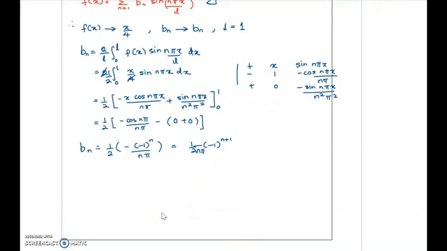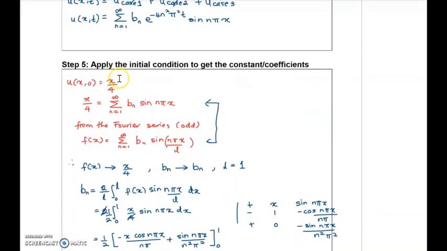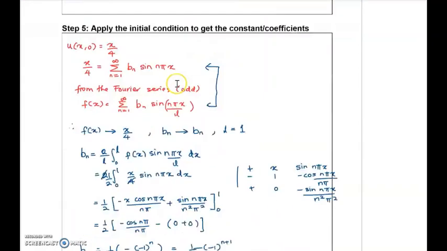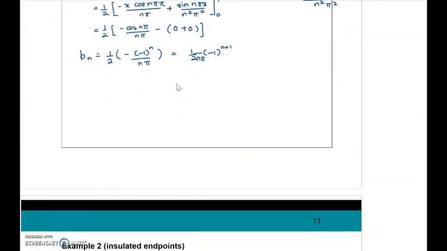So when we have our Bn, we can go back to this one here, because this is our intention, to know the Bn. You are not going to stop here, because this is not your final answer. Your final answer should be u(x,t). So, final answer: u(x,t) equals the summation n equals 1 up to infinity of the Bn.